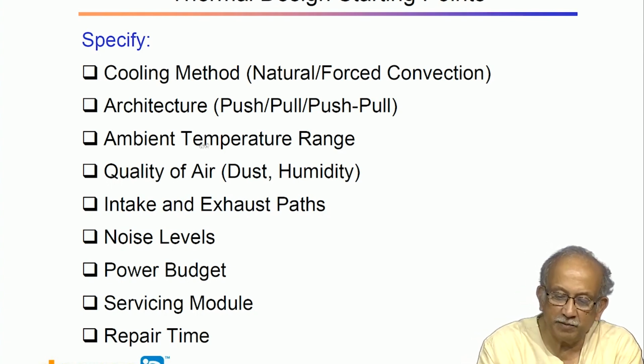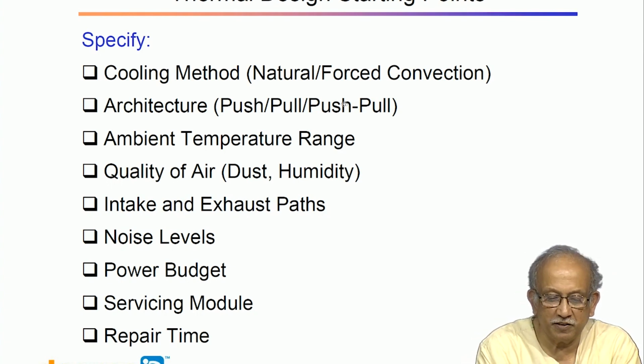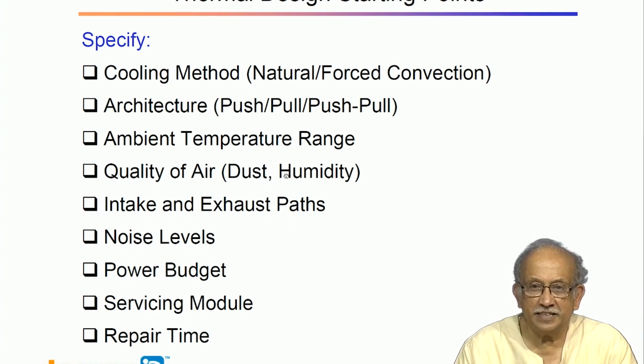Somebody has to work out the push pull configuration, ambient temperature ranges and humidity ranges. This is where the important thing is, in the case of highly humid and condensing type of environments, peculiarly air is heated.